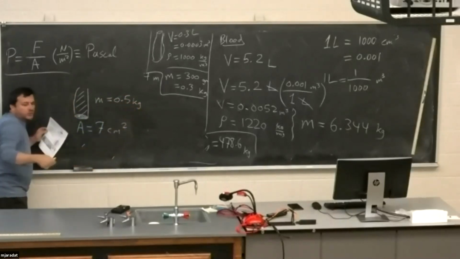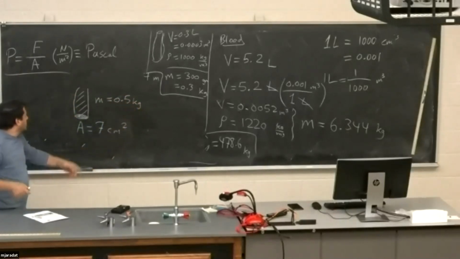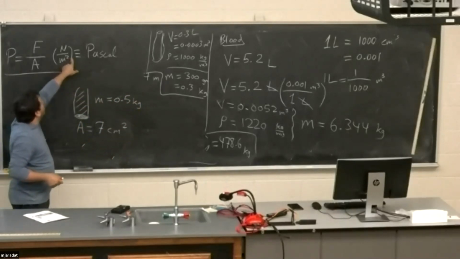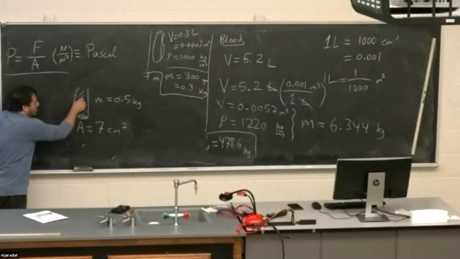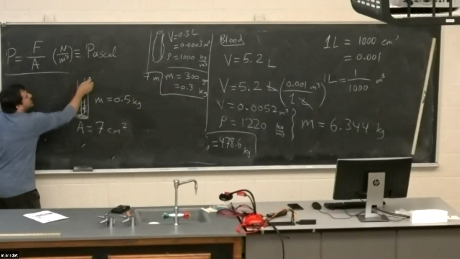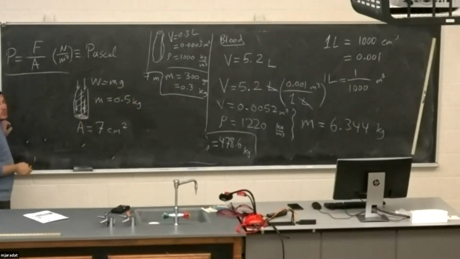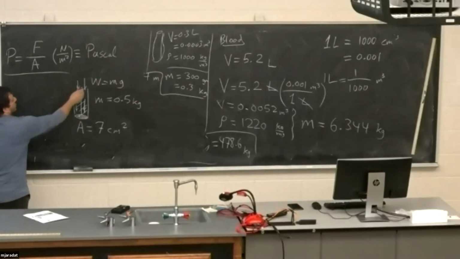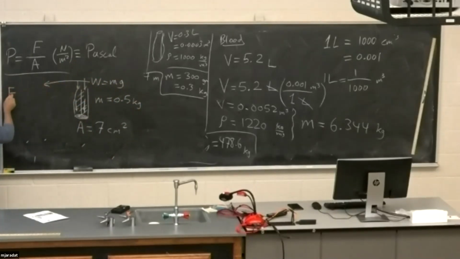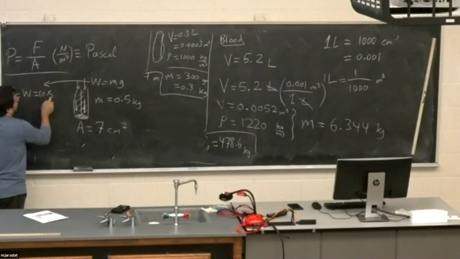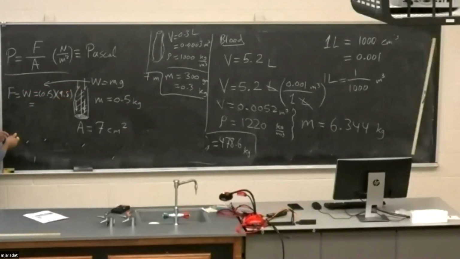It is the ordinary water with us. This is the mass. We need the force. What is the force? It is the force downward. It is the weight, which is equal to M multiplied by G. It is simple to find the force. So the force equals the weight, which is equal to M 0.5, G is 9.8.